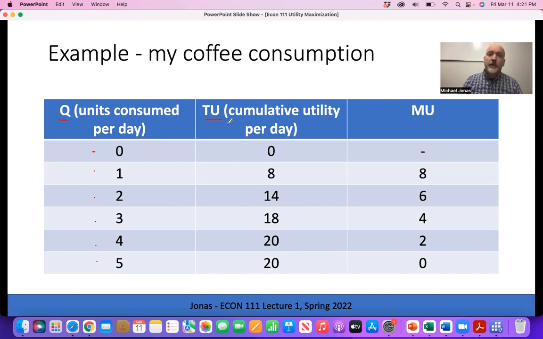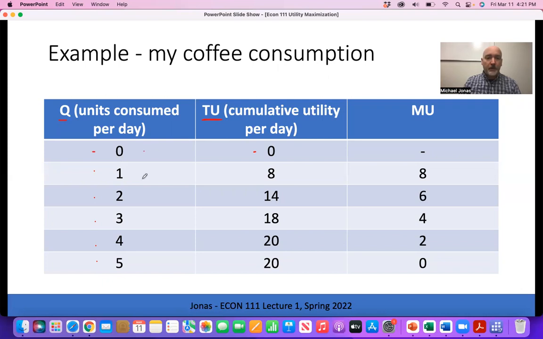Keeping in mind that TU, our total utility, is specifically tied to the consumption of this product. So it's not measuring my total well-being. It's just utility, welfare derived from consumption of coffee. So if I'm consuming 0 coffee, I'm deriving 0 happiness from coffee consumption. So we'll be at that 0 point.